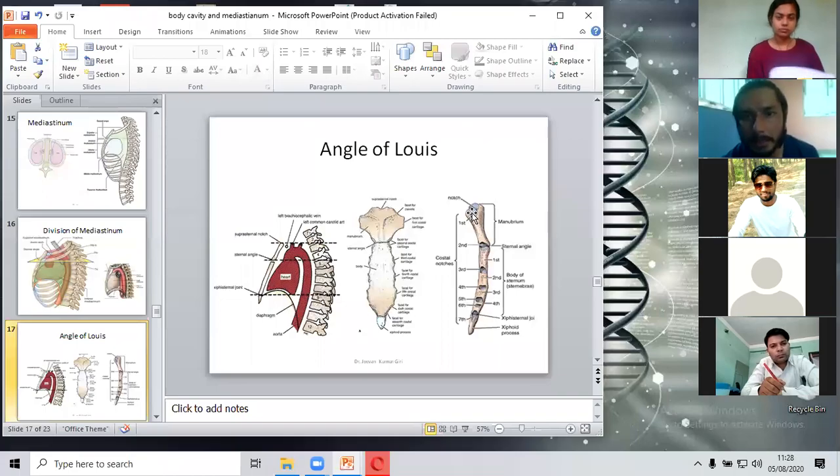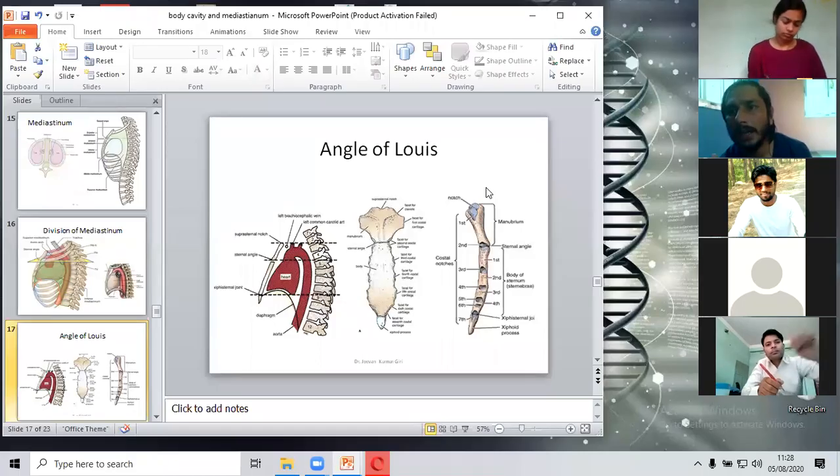Actually, this is the site for articulation of ribs. Ribs attach in this region. They are the facets for ribs, the costal facets, the articulating surfaces. In those facets only, the ribs articulate.